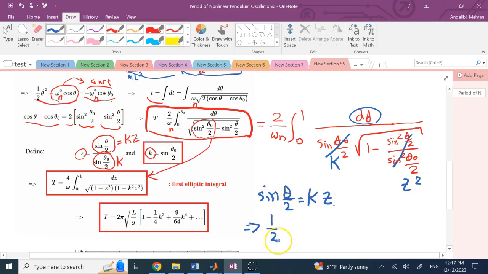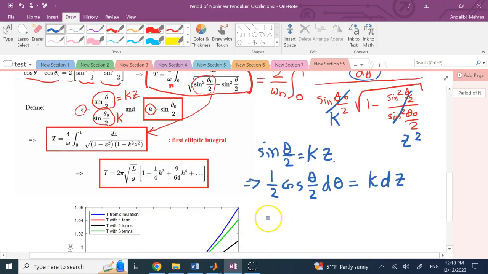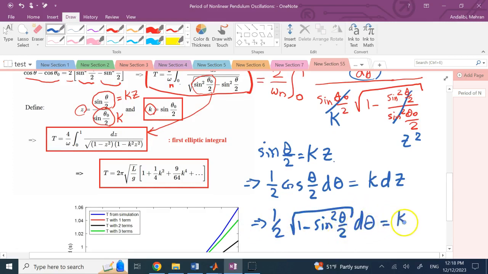It's going to be 1/2 cosine of theta over 2 d theta equals k dz. And what is cosine of theta over 2? I can write it as square root of 1 minus sine squared of theta over 2, d theta. This is equal to k times dz.